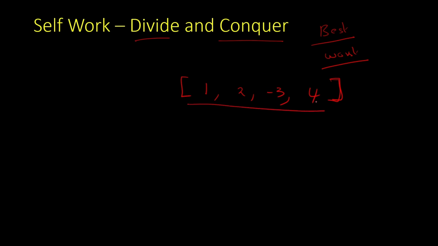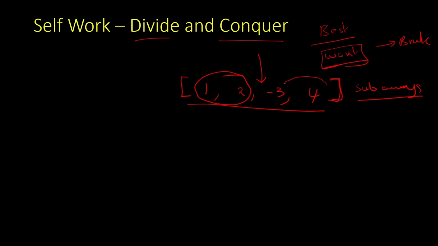So this is an array, right? Now, in the brute force case, what I'm doing is finding all possible subarrays, right? Why not take only half of this array and half of this array?